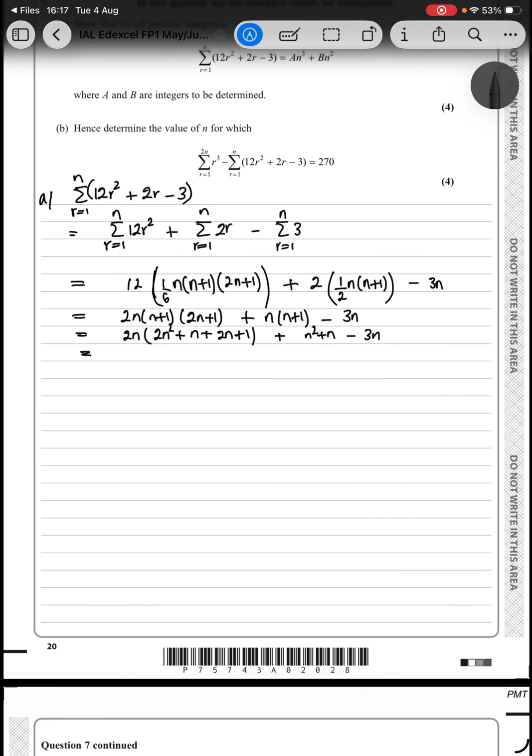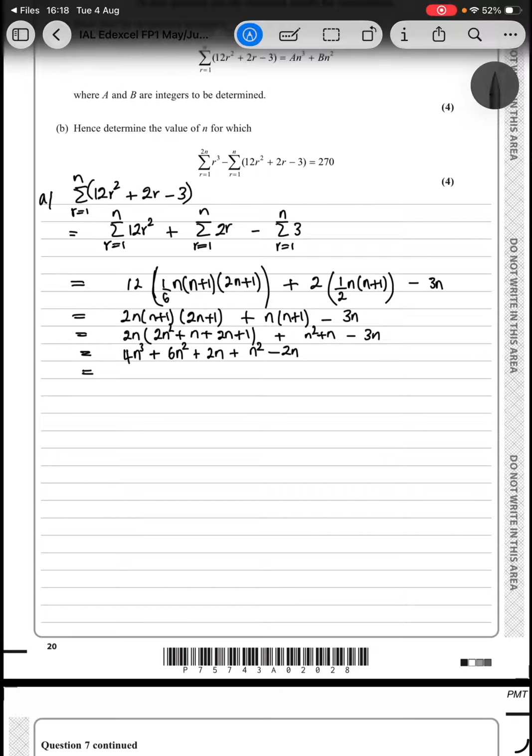Expand it further. 2n times 2n squared will be 4n cubed, plus n plus 2n will be 3n. That times 2n will be 6n squared, plus 2n times 1 will be 2n, plus n squared. n minus 3n will be minus 2n.